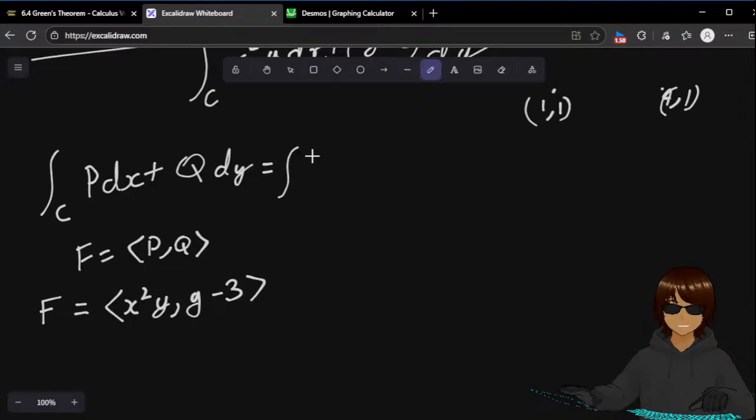This is the double integral of Q_x minus P_y.